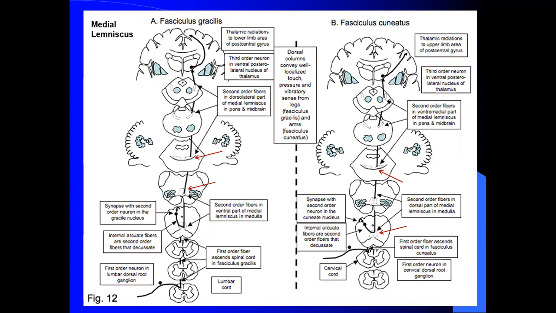However, I wanted to show you the topography of the medial lemniscus in this slide. You don't need to focus on any of this, except look at where the red arrows are. So up it comes. This is what we're used to. And then here, the medial lemniscus is medial and oriented medially, right? This is gracilis, so this is coming from the leg. These fibers are ventral in the medial lemniscus.